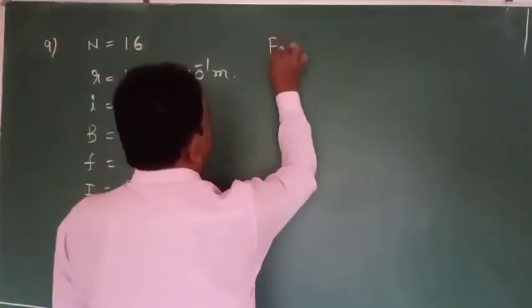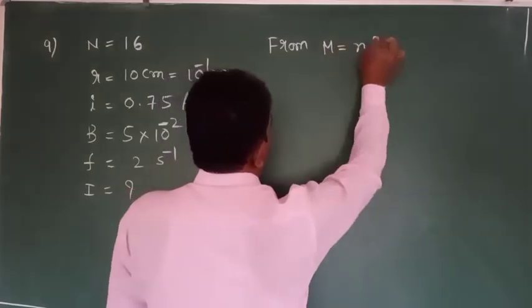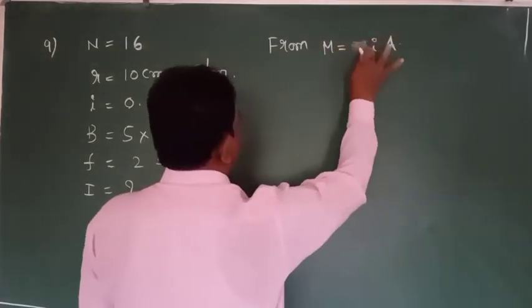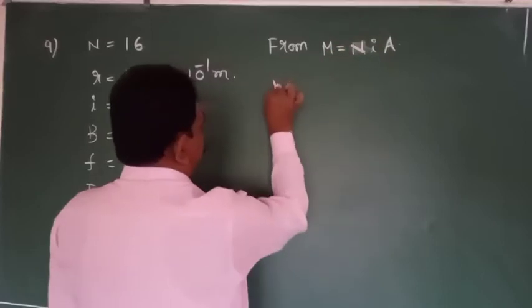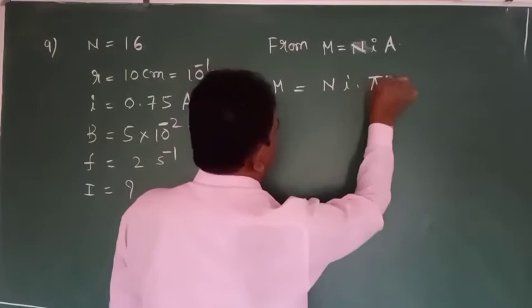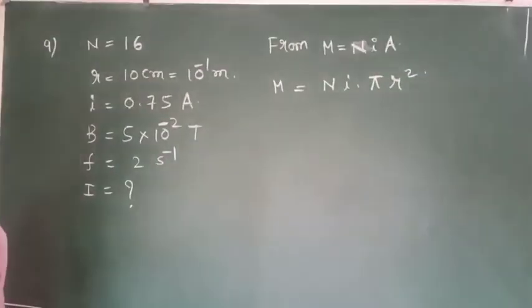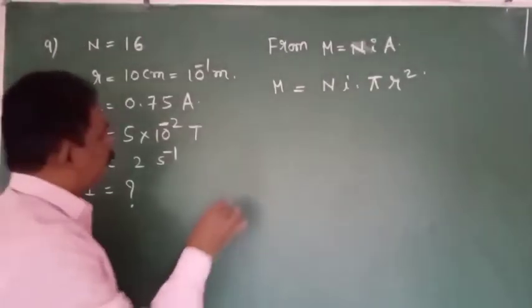So from M is equal to NIA, capital N, M is equal to NI into pi r square. That is the magnetic moment formula.